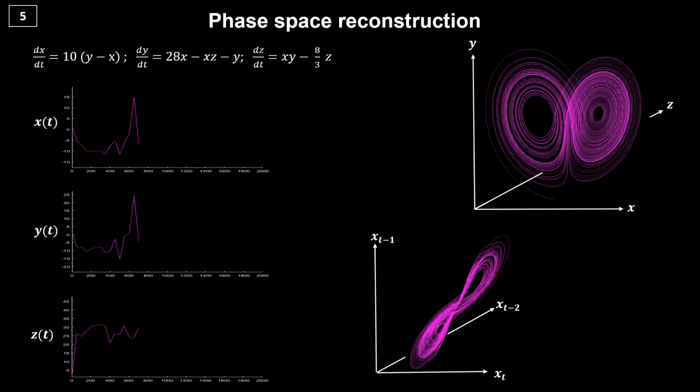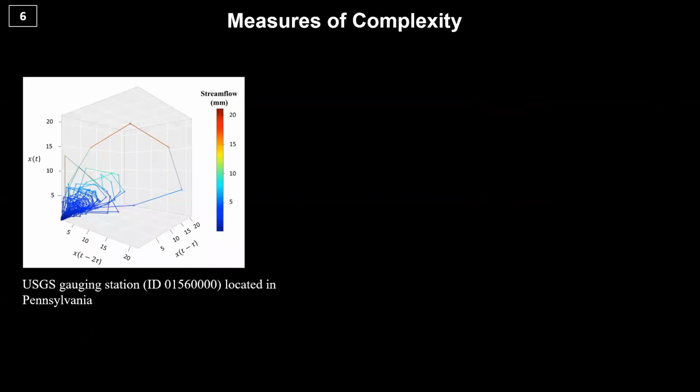Now, in our context, this means that we can use the phase space reconstruction theorem with the streamflow observations to reconstruct the attractor of the hydrologic basin. This figure here shows an attractor constructed from streamflow observations for a hydrologic basin in Pennsylvania. And the coordinates of this attractor consist of streamflow observations lagged by 0, 1, and 2 time steps.